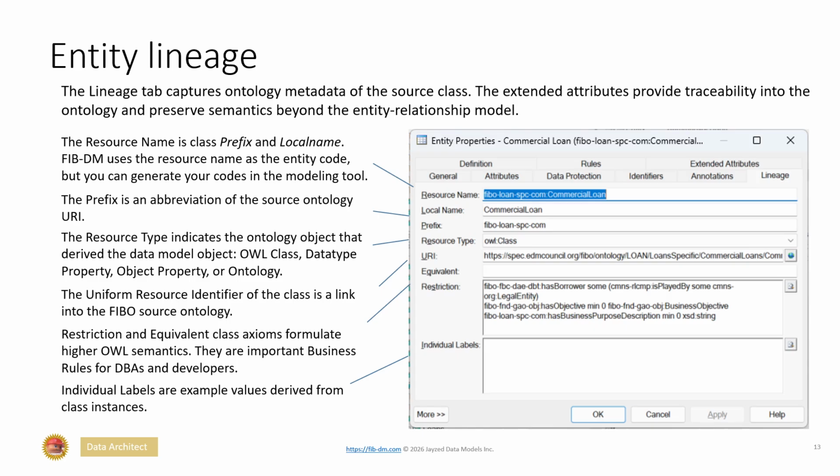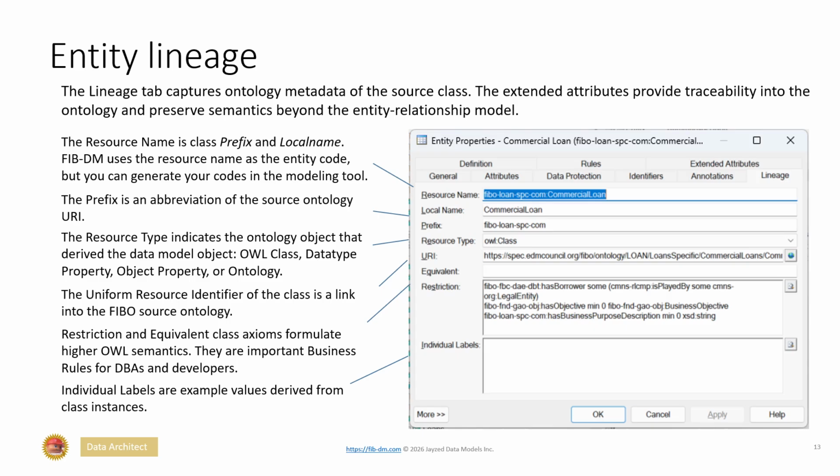And likewise, individual labels. You have it for a lot of FIBO classes where there are instances in the source ontology, for example for country codes, for currencies. What COD does is, well, we don't have instances or examples formally in the data model.